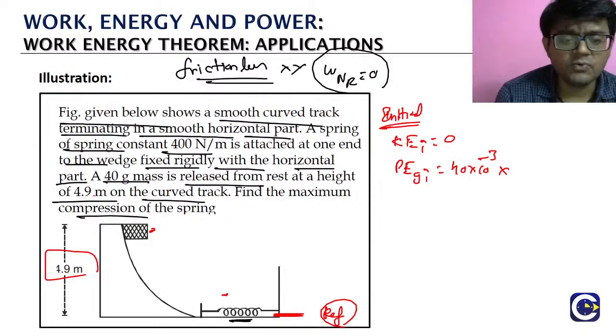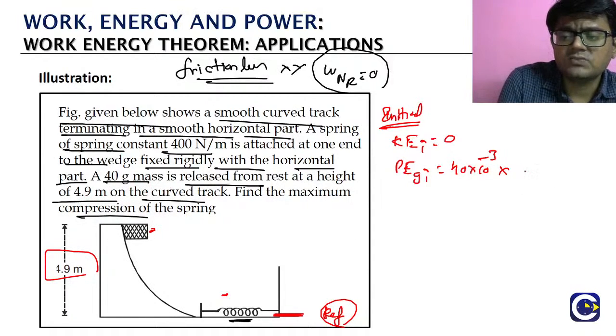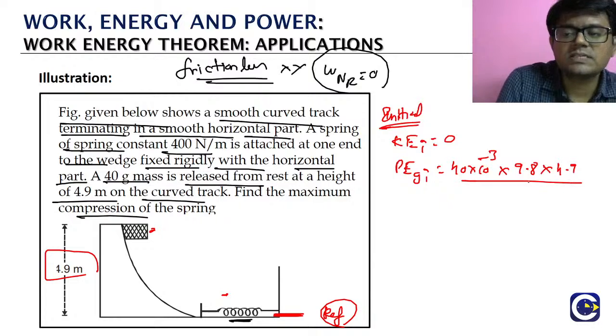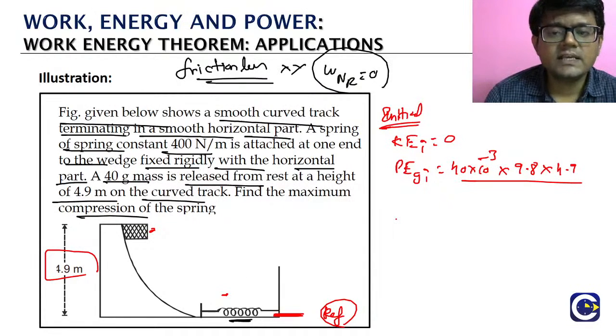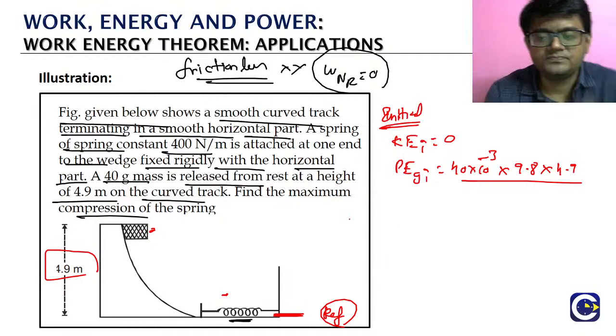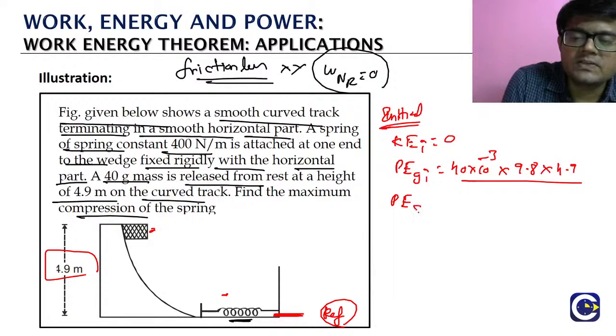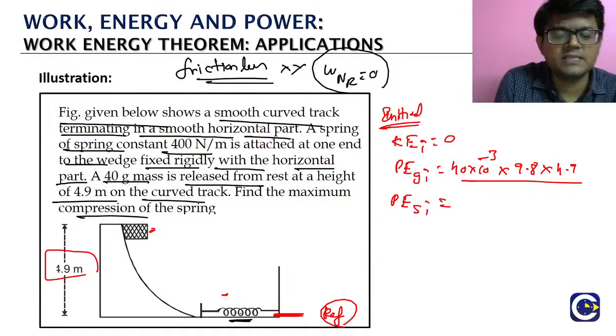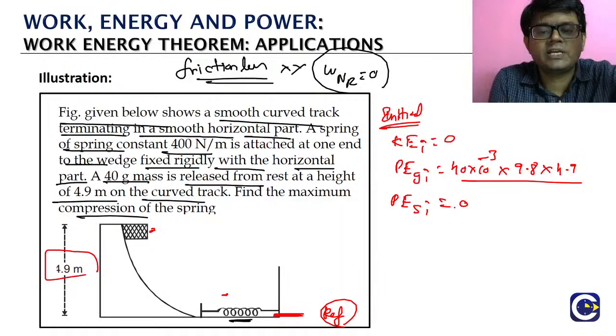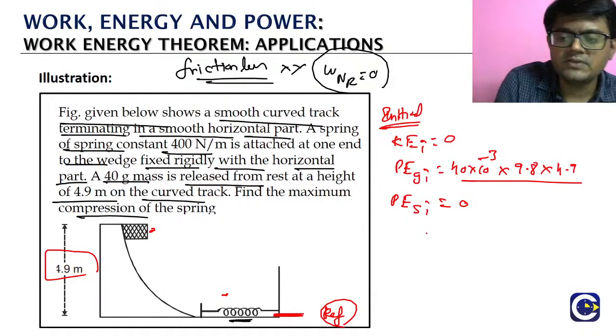Because here they are giving 4.9 meters, we will take g as 9.8, into height 4.9. This is the initial gravitational potential energy when the block is at the top. Initially the spring's potential energy is 0, because the spring is in the natural state. The time where we release the block from the top is our initial state.